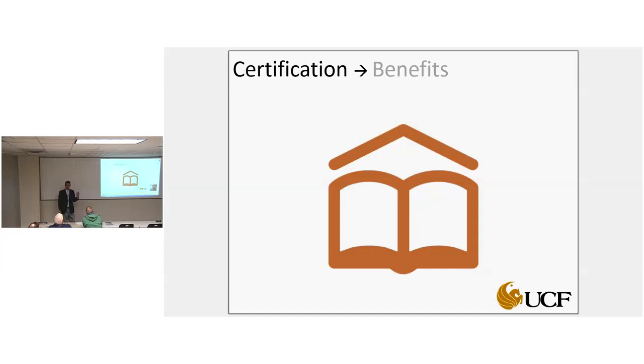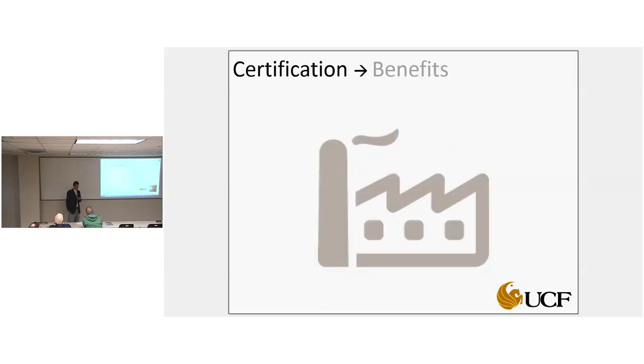This can also provide teachers with summer funding opportunities as well, and we'll talk a little bit more about that in a minute. And then for industry, obviously, you're getting people that are coming to you with some knowledge of the field as opposed to limited knowledge. So the training process is reduced and that sort of thing.